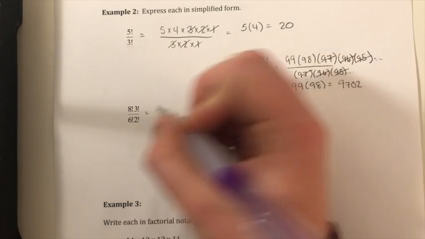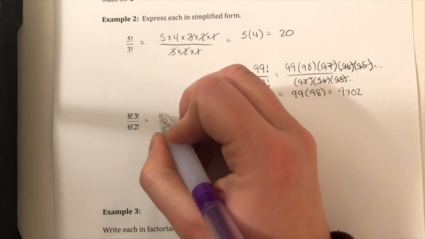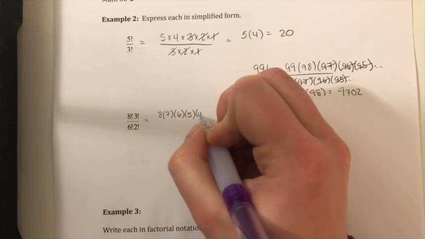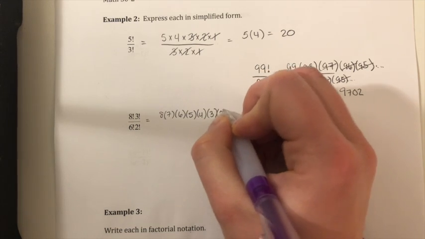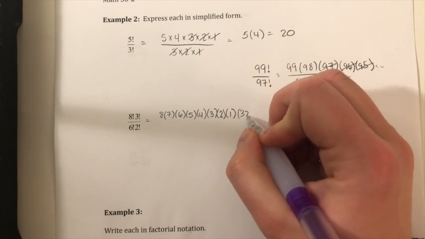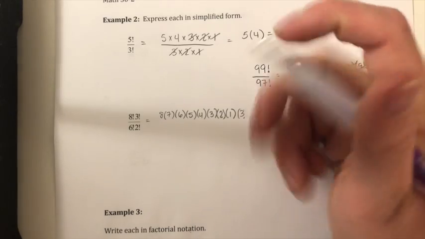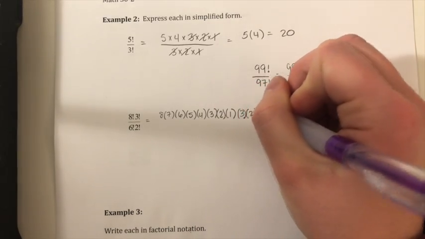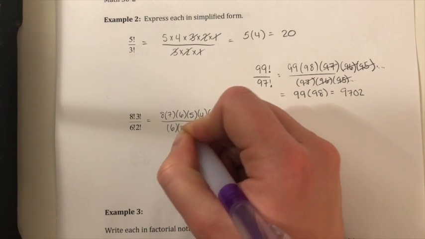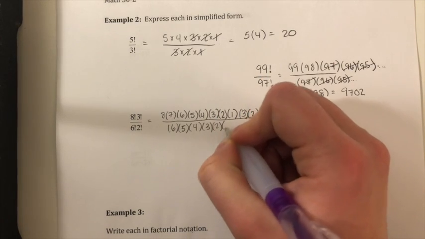Okay, I'm going to do one more. So 8 factorial times 3 factorial divided by 6 factorial times 2 factorial. So 8 factorial is 8 times 7 times 6 times 5 times 4 times 3 times 2 times 1. And then 3 factorial is 3 times 2 times 1. 6 factorial is 6 times 5 times 4 times 3 times 2 times 1.